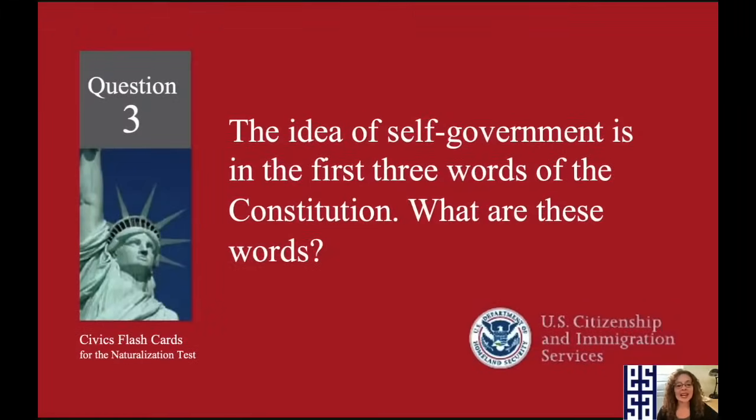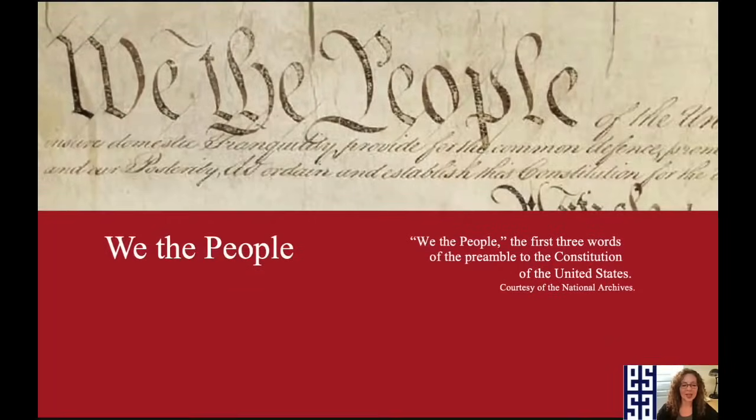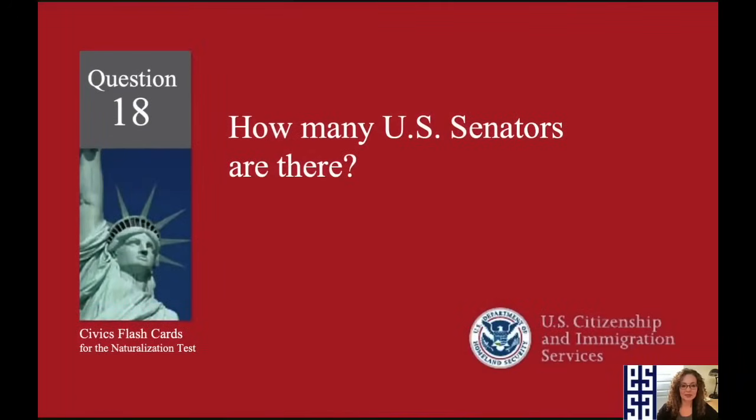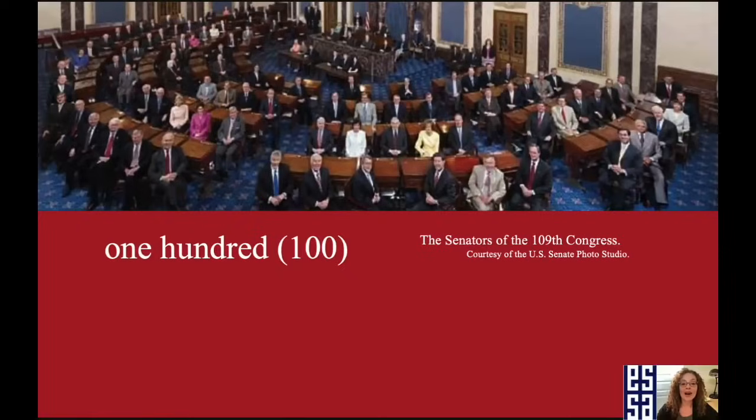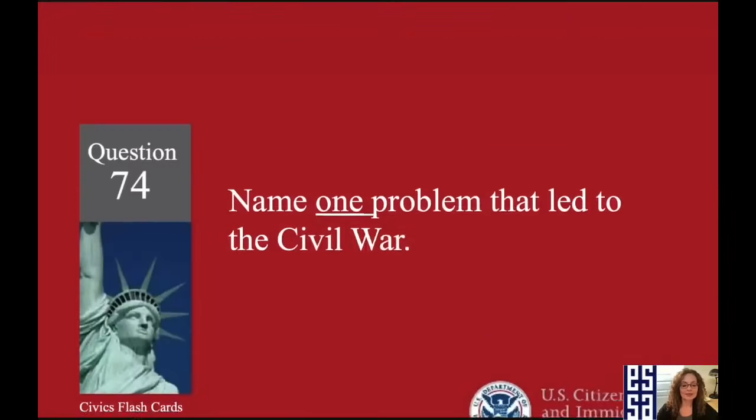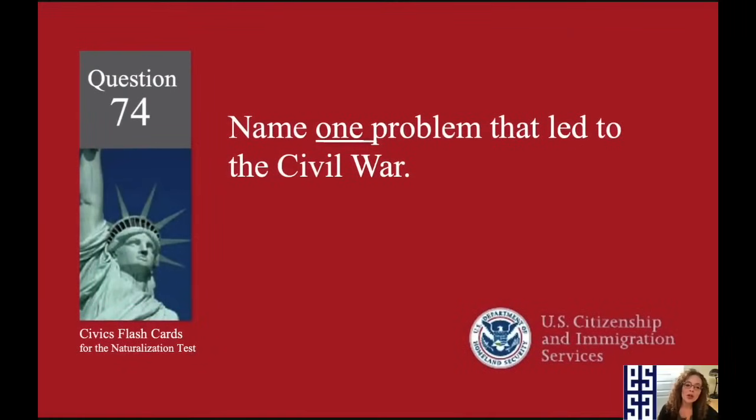The idea of self-government is in the first 3 words of the Constitution. What are these words? We the people. How many U.S. senators are there? 100. Name one problem that led to the Civil War.